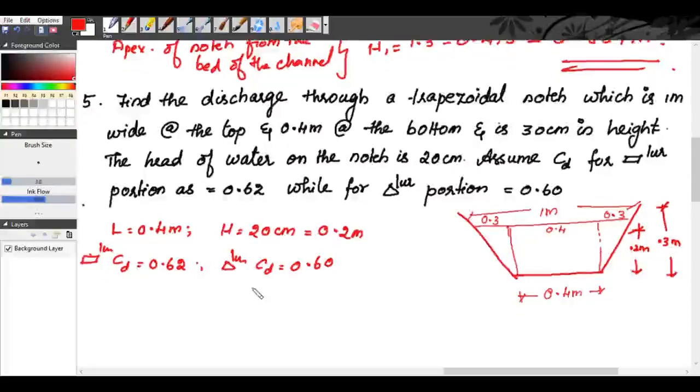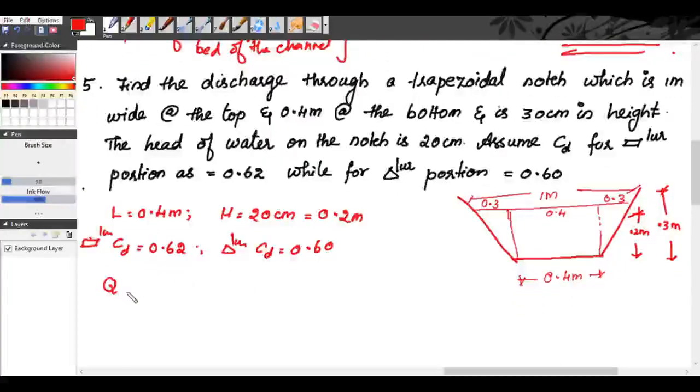So we know Q for a trapezoidal section will be equal to discharge of the rectangular section plus discharge of the triangular portion. So now from this you can find what is theta. Because Q for trapezoidal will be equal to, for rectangle it is 2 by 3 CD.